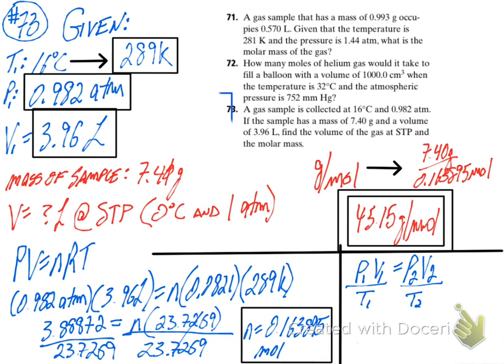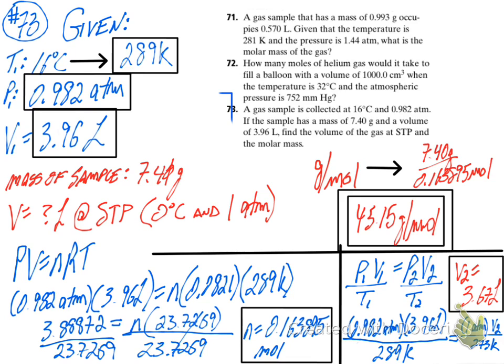But because I'm done with dealing with the moles of this problem, and I'm just given an initial set of P, T, and V, and I'm looking for the final volume when I know the final P and T because it's STP, I can just go ahead and plug in what I know. 0.982 atmospheres, the initial pressure, times 3.96 liters, the initial volume, divided by 289 Kelvin, the initial temperature of 16 degrees converted into Kelvin, equals the final pressure at STP, by definition 1 atmosphere, times V2, because I'm trying to solve for my volume at STP, divided by 273 Kelvin, because 273 Kelvin is equivalent to 0 degrees Celsius.